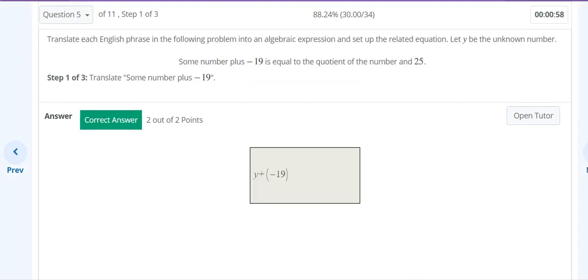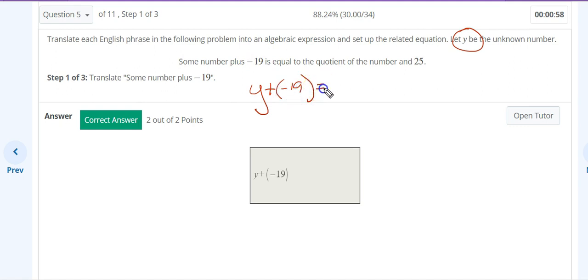Now here they're asking in step by step to build an equation. So let's just do that. Some number minus 19, and they want us to use the letter y. So some number plus is a plus, and then to indicate that this value is negative, we put it in a parenthesis.